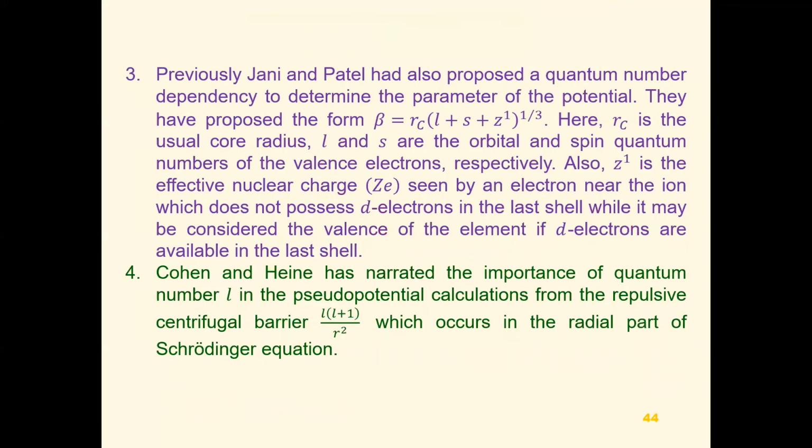This method is successfully applicable for the elements having Z equal to 1 to Z equal to 8. Again, different researchers, particularly Jani and Patel, have proposed the universal method in terms of the quantum number dependency. The potential parameter is computed by using the quantum numbers by applying this equation: beta = RC (L + S Z1^L)^(1/3).